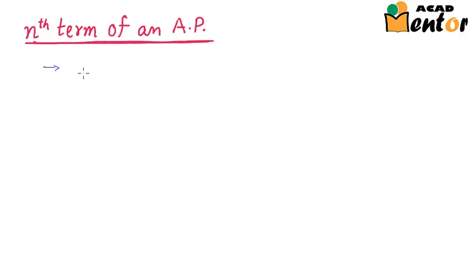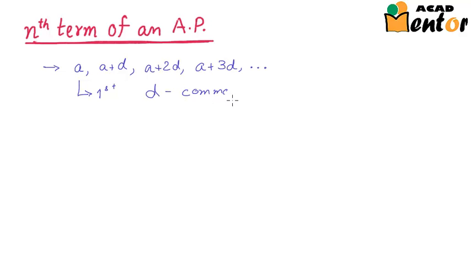The general form of an AP is a, a + d, a + 2d, a + 3d, and so on, where a is the first term and d is the common difference. Also, d could take a positive value, a negative value, or d could be 0.